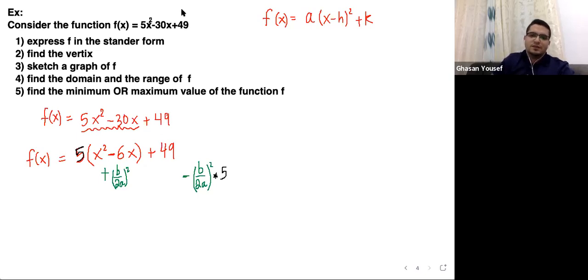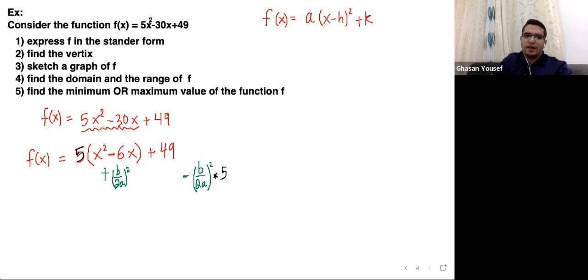So let's do this one. What is b over 2a? The b over 2a is minus 6 over 2a. A is 1. So minus 6 over 2, I will get minus 3. Squared is 9.